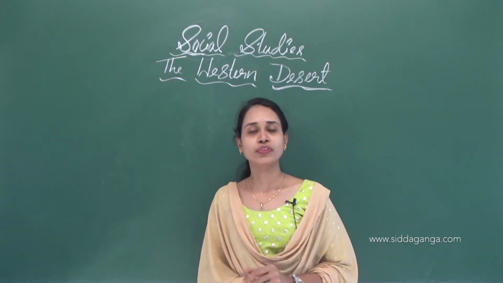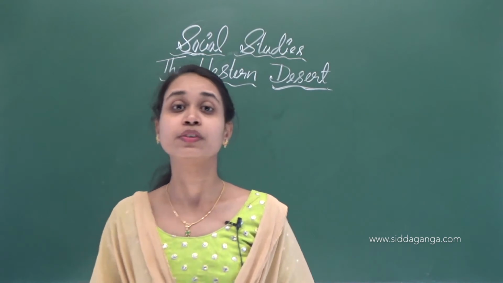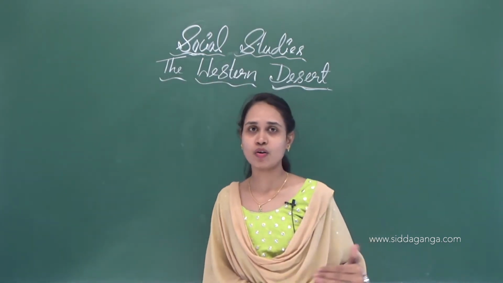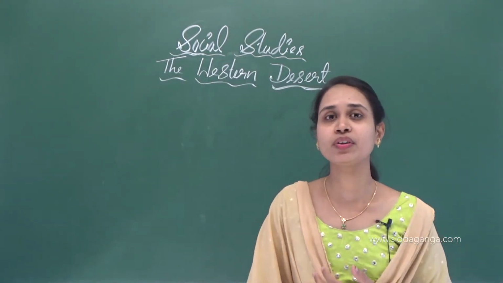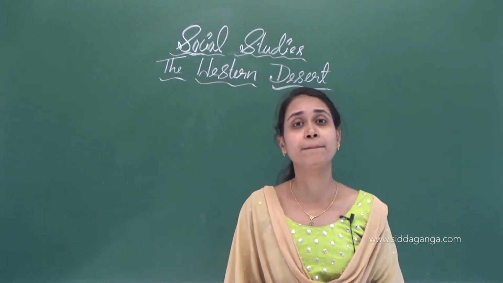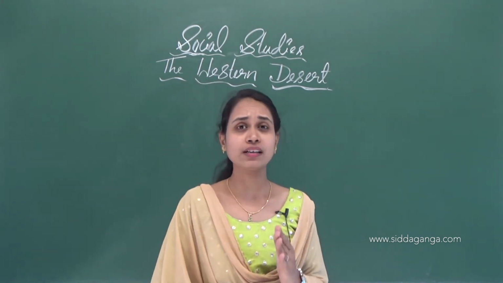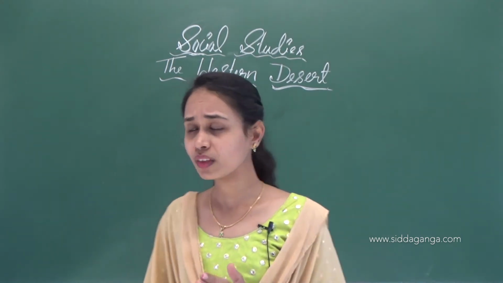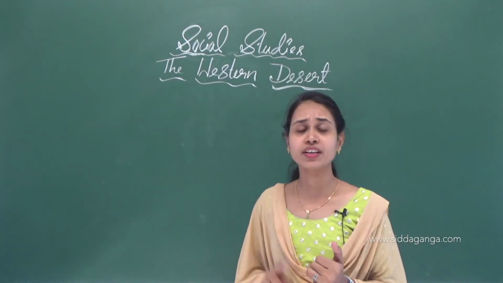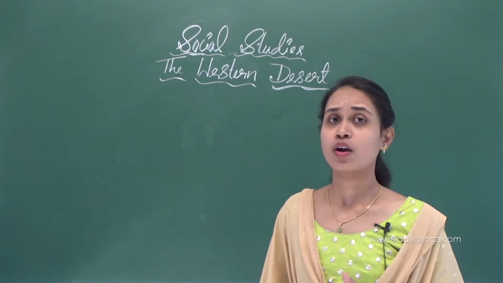Then the Southern Plateaus, the coastal lines and the islands. These are the 5 features of our India. We already studied the Northern Mountains and the Northern Plains. I hope you clearly understood.